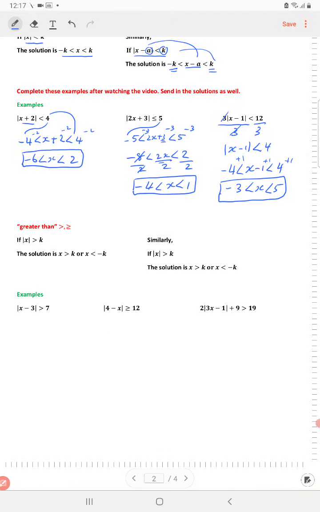For greater than problems, the formula is a little bit different, as we saw on the first page. If absolute x is greater than k, the solution will be x is greater than k or x is less than minus k. Okay, so that k will be written here and also here.